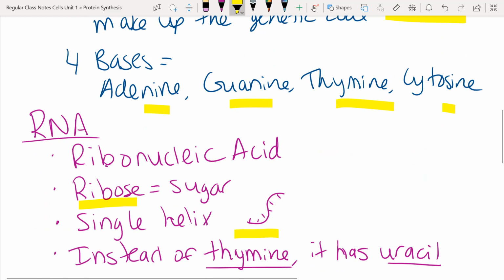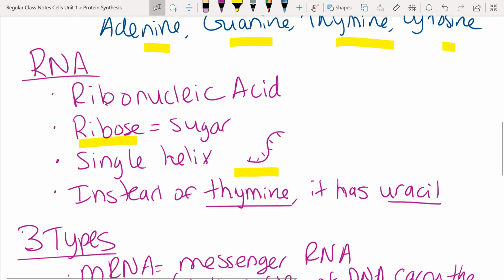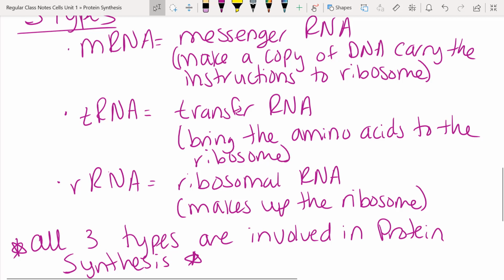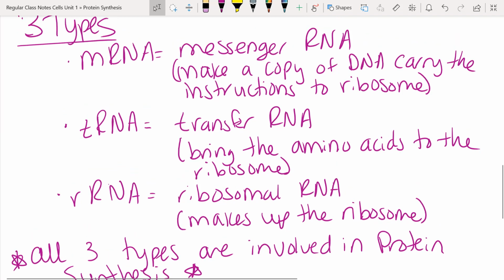It is a single helix, not a double helix. And instead of thymine, it's going to have uracil. So it does also have adenine, guanine, and cytosine. It just now has uracil instead of thymine. So uracil is the only one that's going to be different than DNA. There are 3 types of RNA, mRNA, tRNA, and rRNA. They each have a special role in protein synthesis and building proteins for the cell.